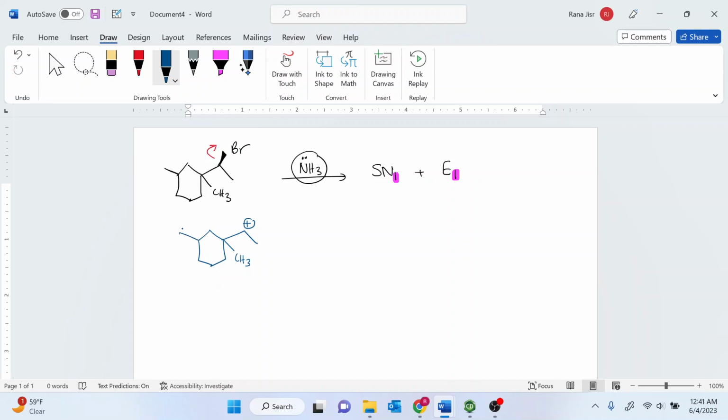Now, you can rearrange by moving the CH3, because you want your positive charge to be on the most substituted carbon, to be major. Right now, my carbocation is a secondary carbocation, and I can easily rearrange it and make it a tertiary carbocation by moving a CH3 to the carbocation. The reason I'm moving a CH3 is that on this carbon I do not have a hydrogen.